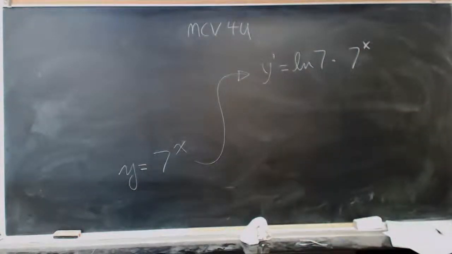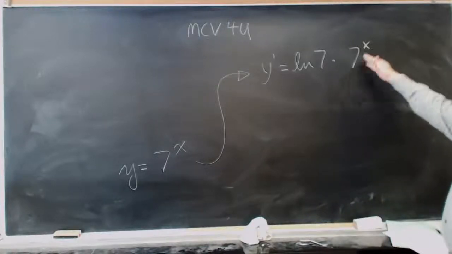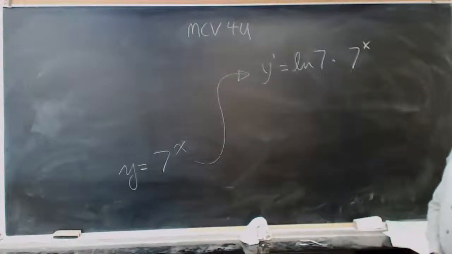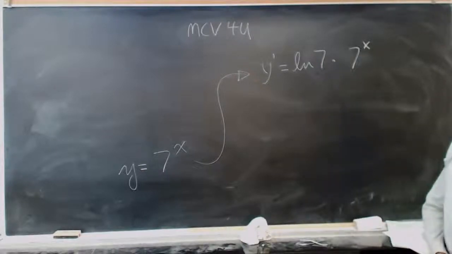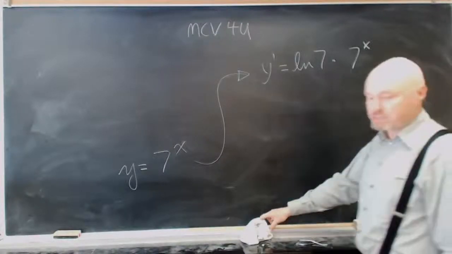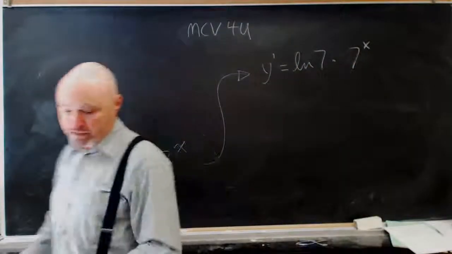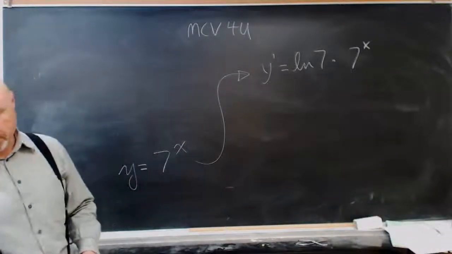So the derivative of an exponential function to a different base is just like the derivative of exponential functions base e, except we just have to multiply by the natural log of the base. Other than that, it's basically the exact same game.